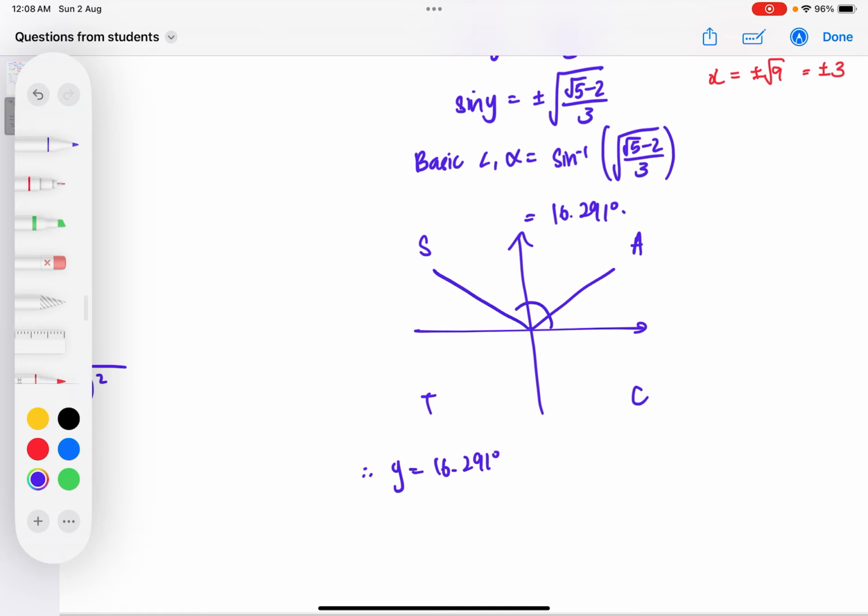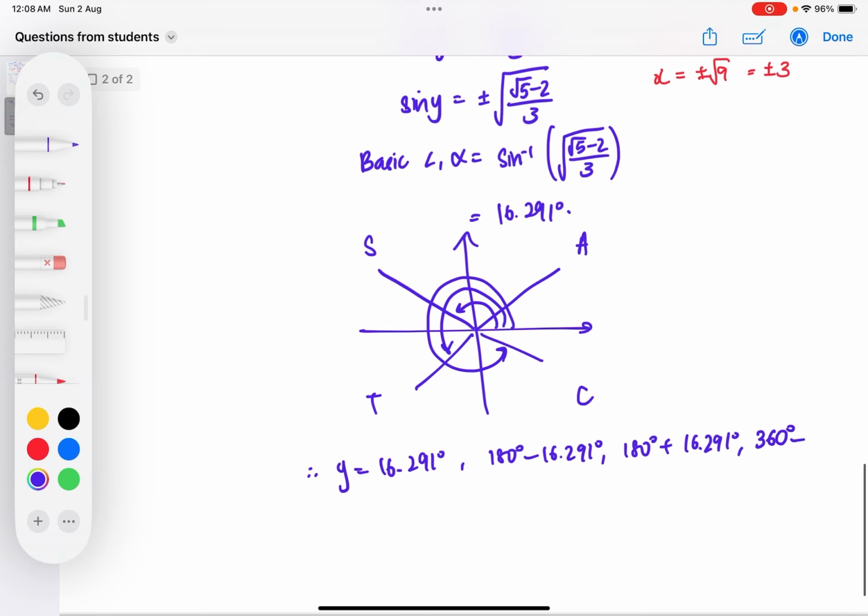The number in the second quadrant here will be 180 minus 16.291, and then in the third quadrant will be here, which is 180 plus 16.291, and then in the last quadrant it will be here, which is 360 minus 16.291, and that will give you the answer: 16.3, 163.7, 196.3, as well as 343.7 to 1 decimal place.